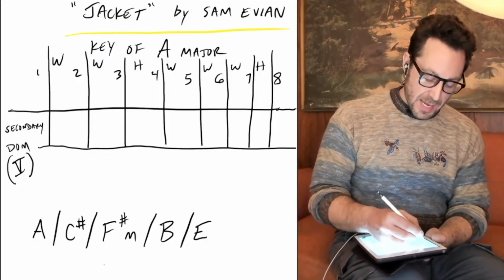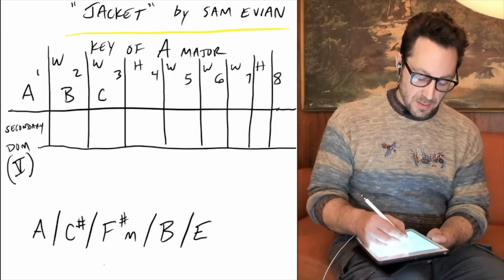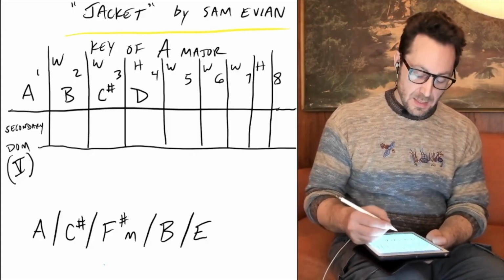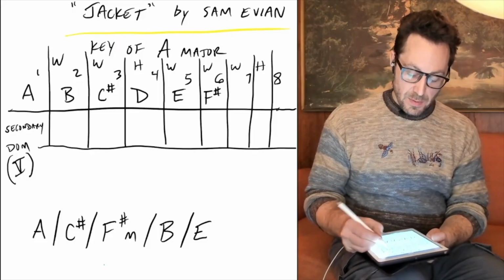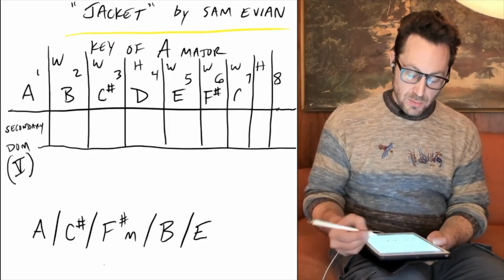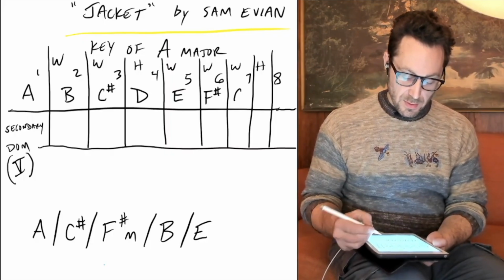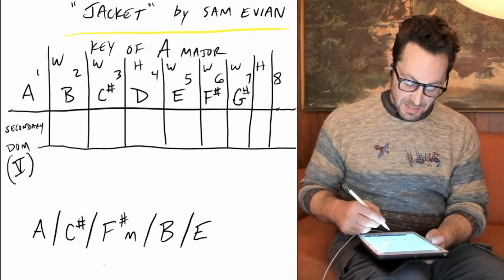So for the key of A, whole step to B, whole step to C sharp. You can see the steps up there. Half step to D, whole step to E, whole step to F sharp, whole step to, I messed something up here. D, E, F sharp. Oh, I see what I did. G sharp. I was just in my illustration.